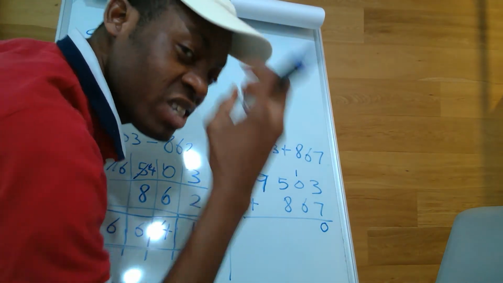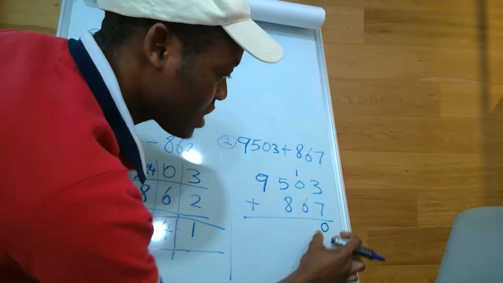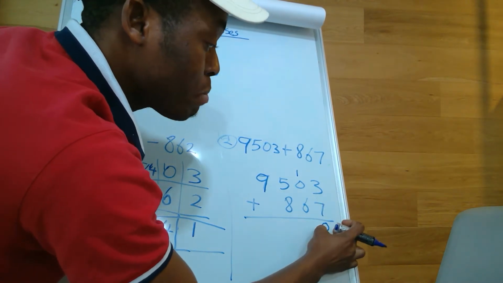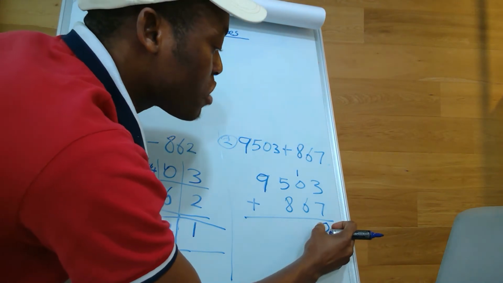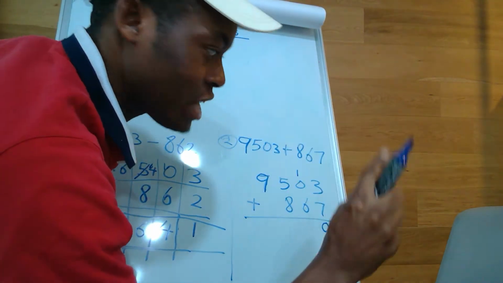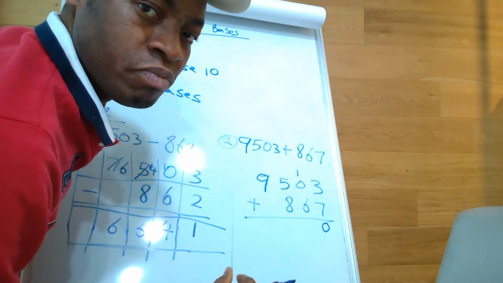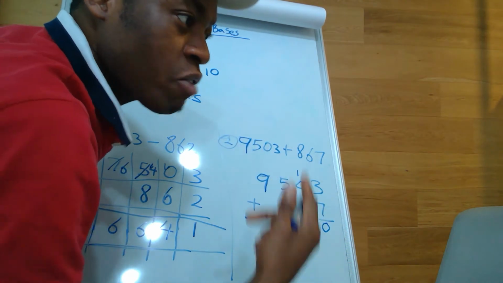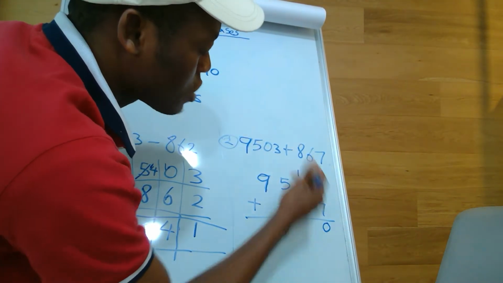That is the reason you can't write 10. Instead of 10, you remove 10 from the number. 10 minus 10 is 0. You write 0. Then how many 10 did you have here? We have just one 10. Then we put 1 here. It's not that 1 that is at the back. If it is 20, that means how many 10 do we have in 20? It is 2 times. So you put 2.